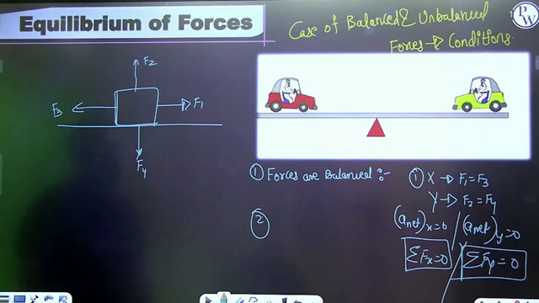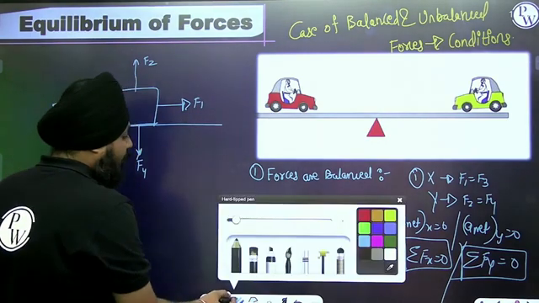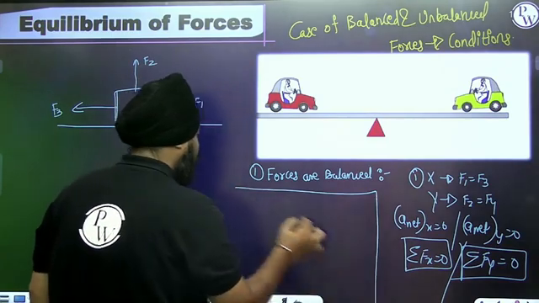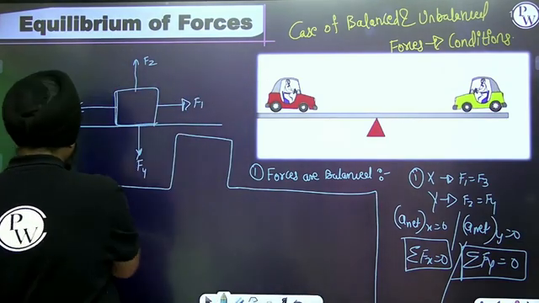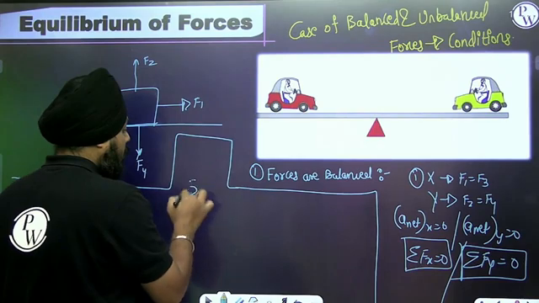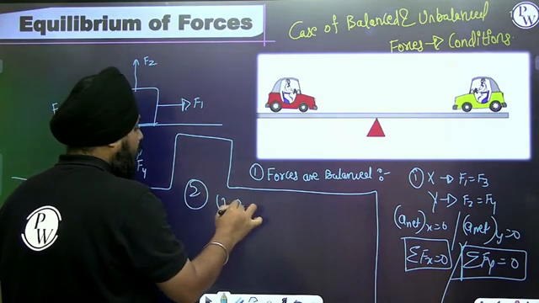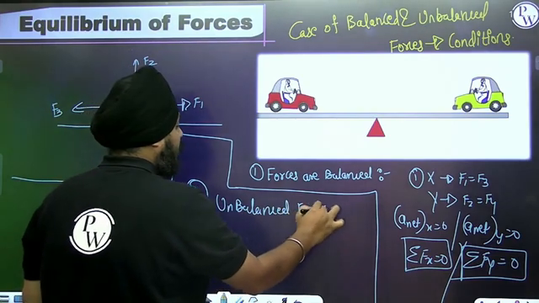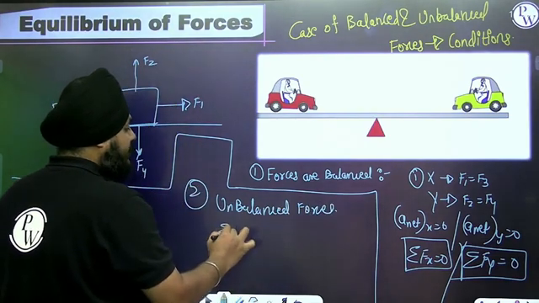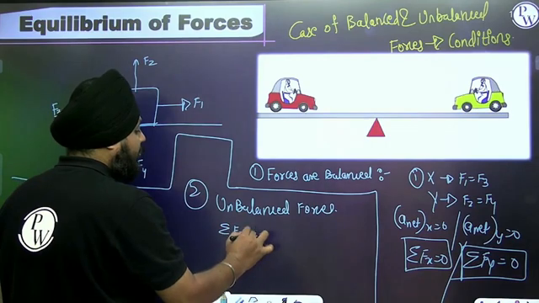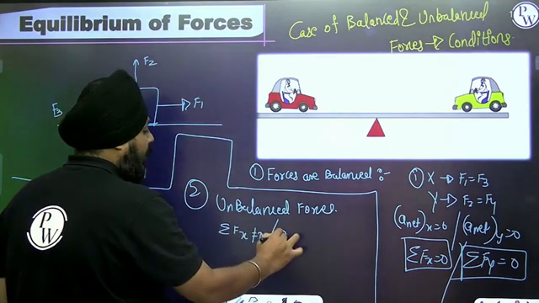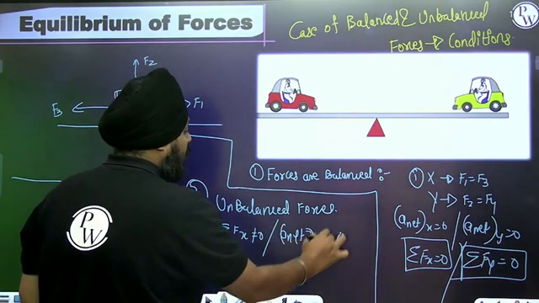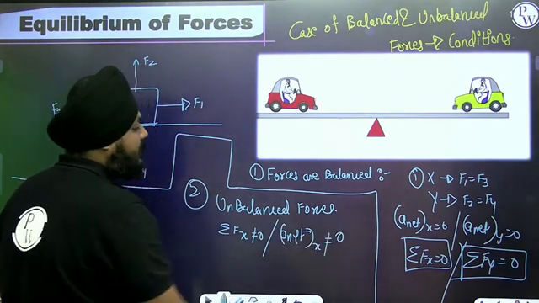Second case, the case of unbalanced forces. If the summation of all x forces is not equal to 0, it means there exists a net acceleration along the x direction.